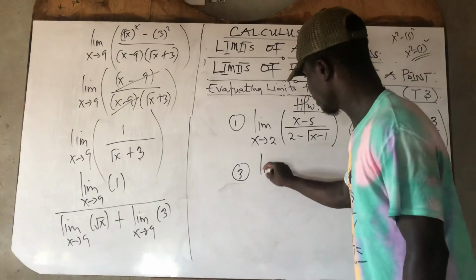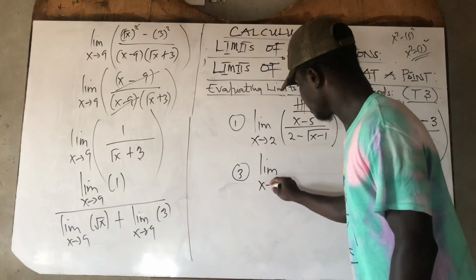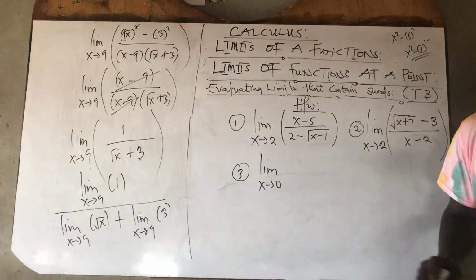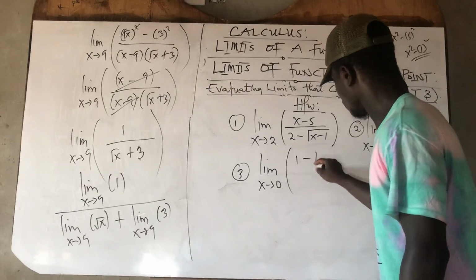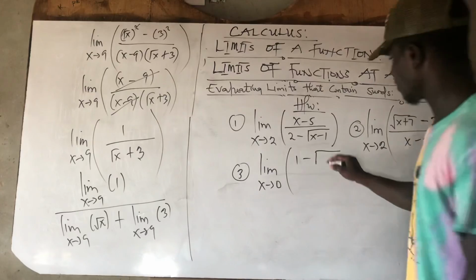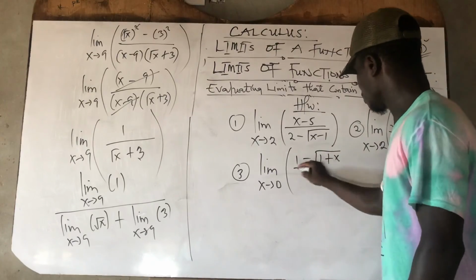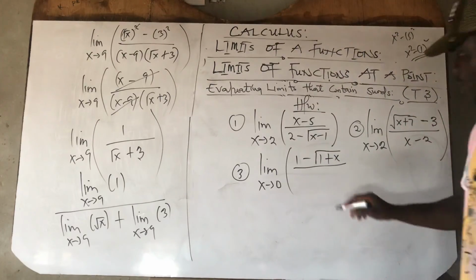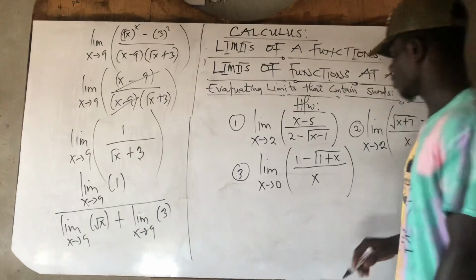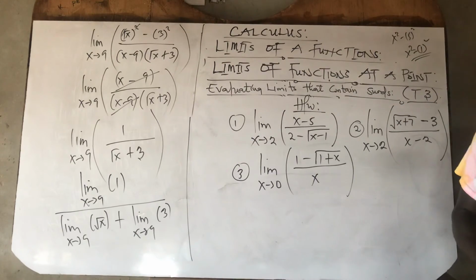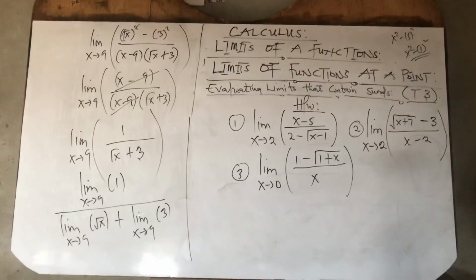The limit as x approaches 0 of 1 minus square root of 1 plus x all on x. Alright, so you go and try this question.